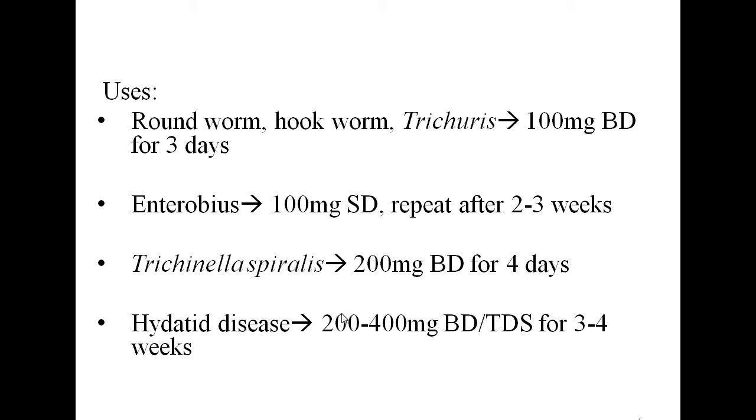For hydatid disease, the dose is higher and the duration is longer, up to 400 milligrams 3 times a day for up to 1 month. It is also used in mixed worm infestation. So the commonly prescribed dose of mebendazole is 100 milligrams twice a day for 3 days.